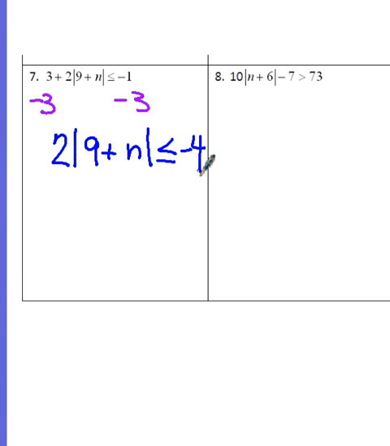And now I should have a big red warning in front of me. What do we do? Absolute value can never be negative. So this expression has no solution.